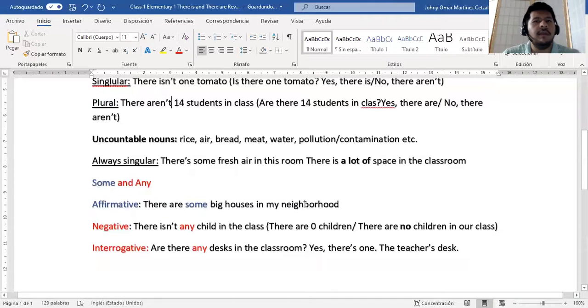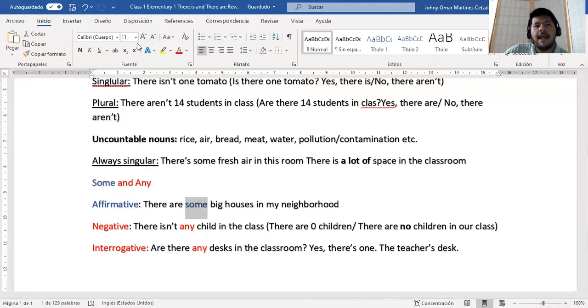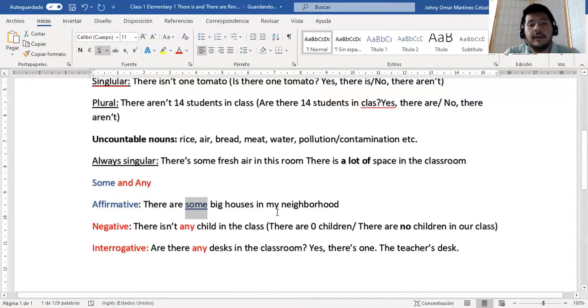So returning to this, let's see the final translation. Vamos a checar la traducción final. So you've got, there are some big houses in my neighborhood. Here, some means hay algunas casas grandes en mi vecindario o en mi colonia. In this case, there isn't any child in the class.